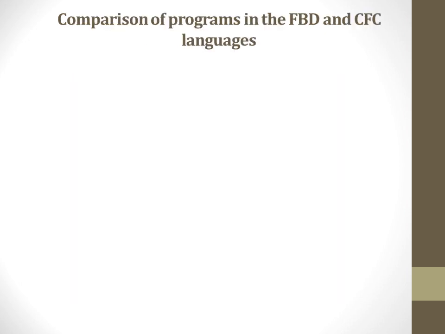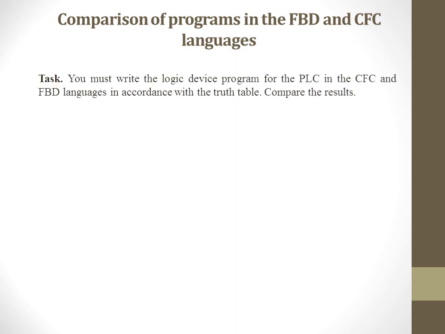Okay, let's compare programs in the FBD and CFC languages. Our task is next: we need to write a logical device program for the PLC in the CFC and FBD languages in accordance with the truth table, and we need to compare the results.